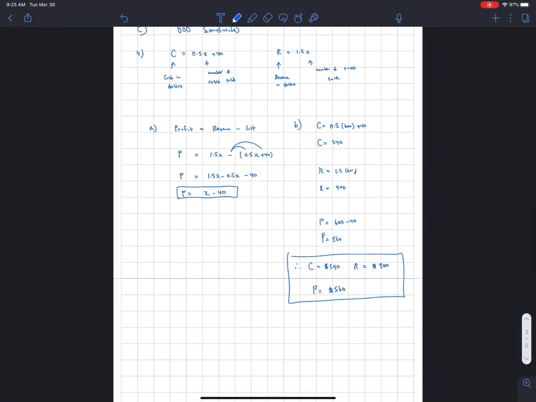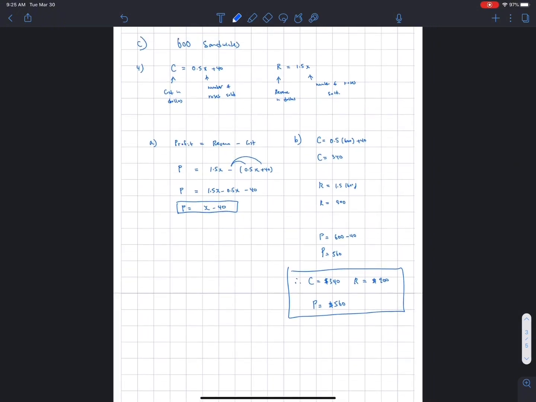C. Find X if P equals 1,000. The profit equation is X minus 40. So I can say 1,000 equals X minus 40. And then just moving the 40 over to the left-hand side, I get X equals 1,040. That's it. Just 1,040.